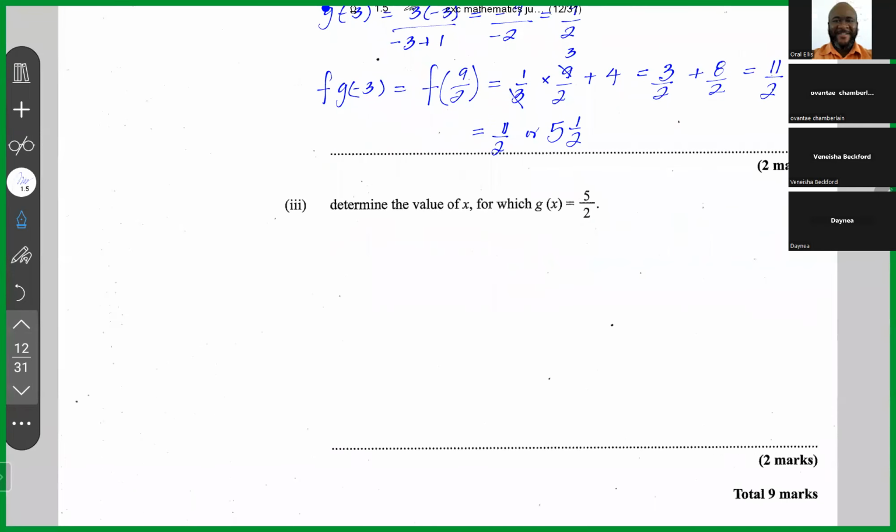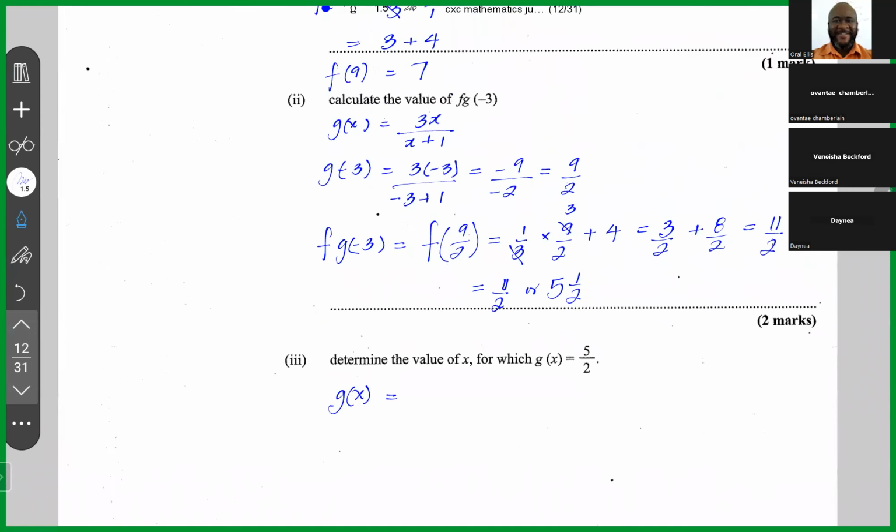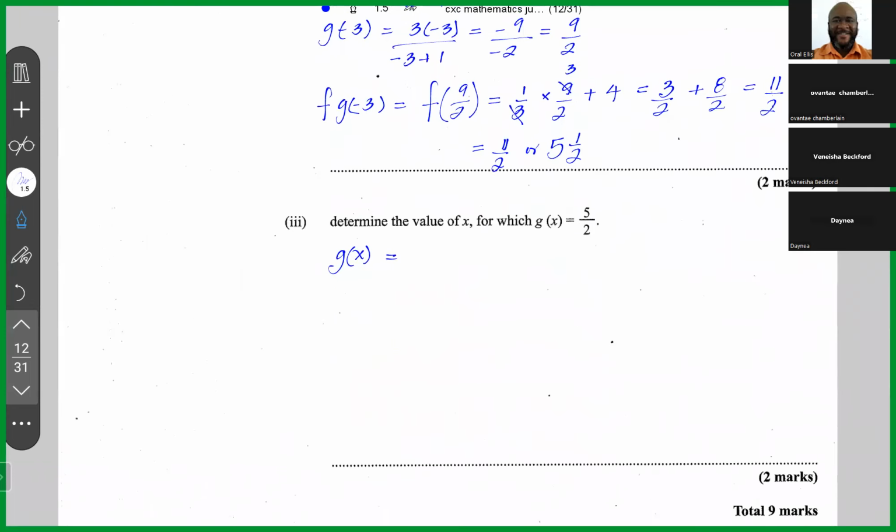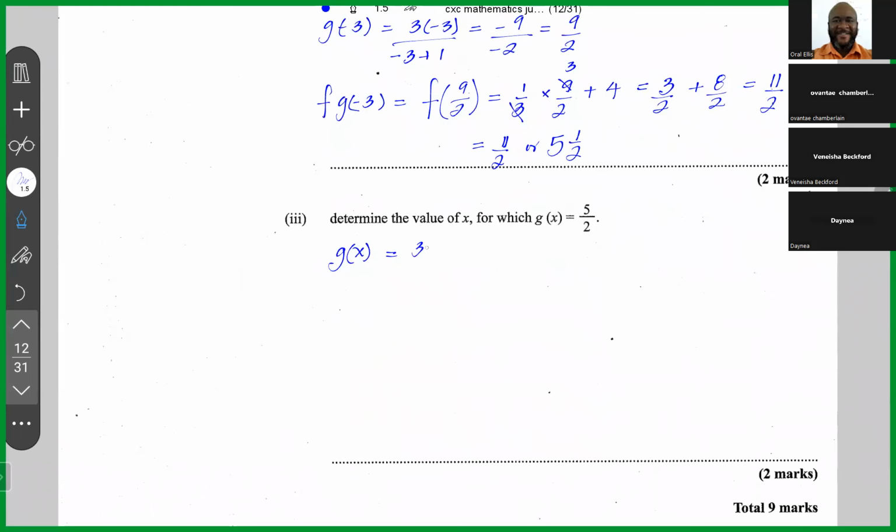Lastly, we're asked to determine the value of x for which g of x, which is 3x over x plus 1, is equal to 5 over 2. So all I have to do to get the answer is to solve that equation.